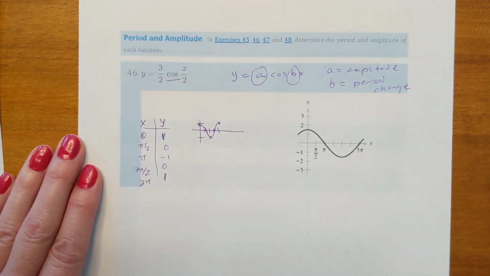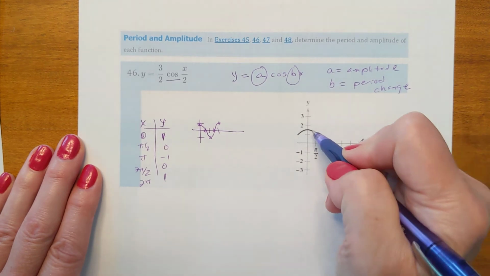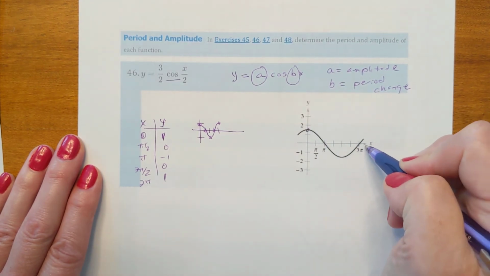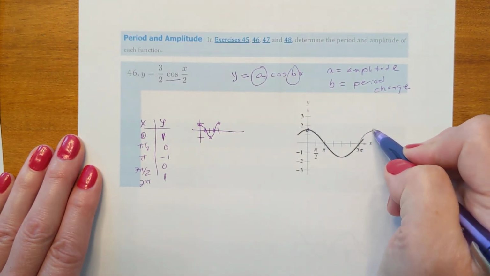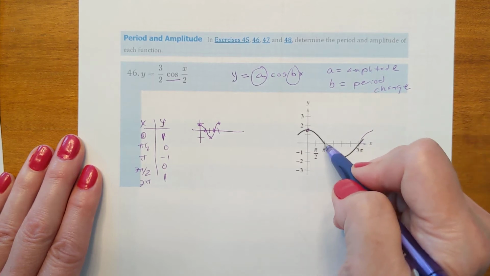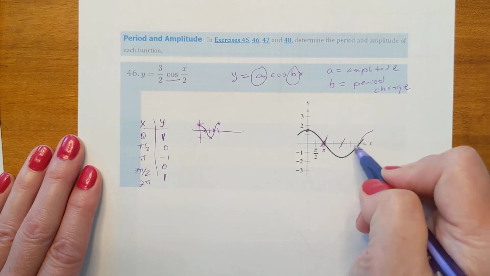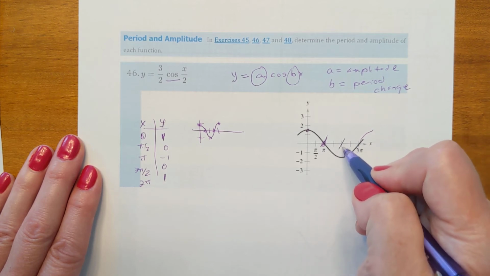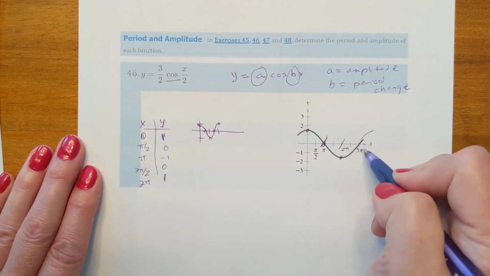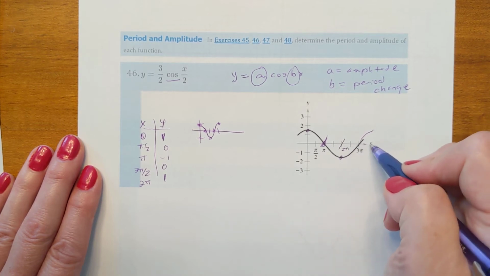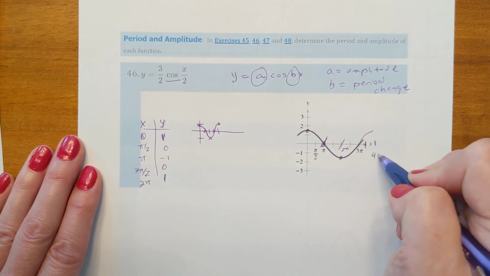All right, so the period here for cosine, it starts here on a high, and it's going to end over here on another high. And they counted by, let's see, here's pi, and then that's going to be 2 pi, because every 2 tick marks is 2 pi. And then we got 3 pi, and then the next one over is going to be 4 pi.